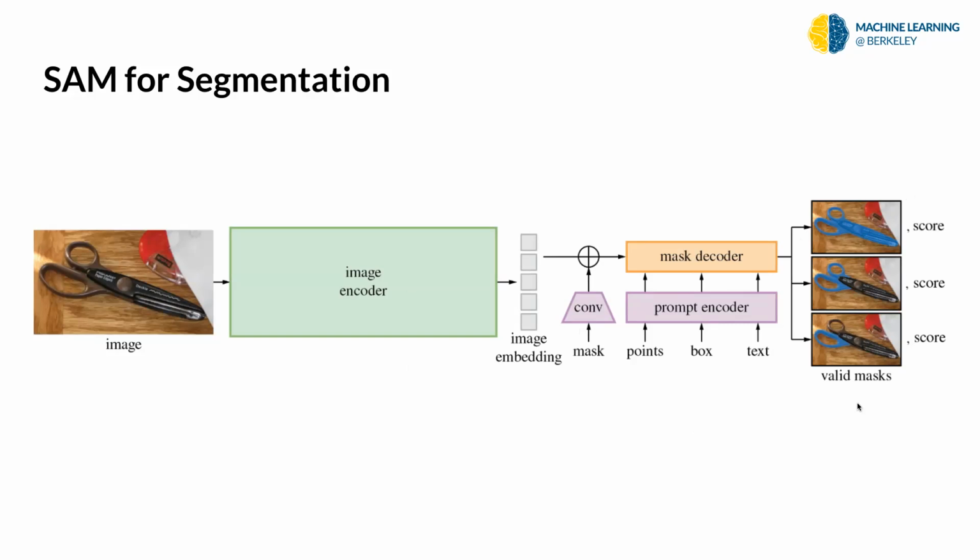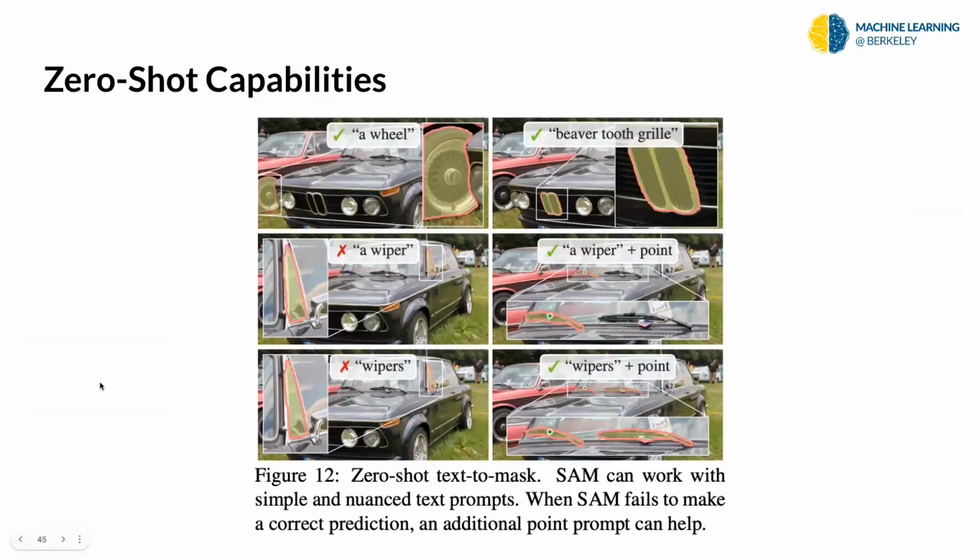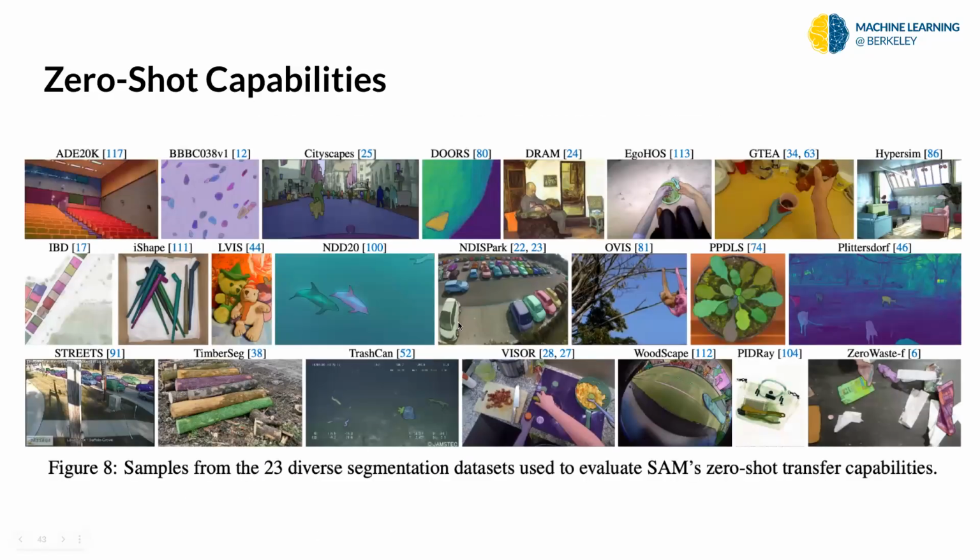Each of these are considered as valid masks to different degrees. Yeah, it's going to be at the end. Yeah, this is a quick overview of what zero-shot capabilities are. We're able to see how SAM was able to really perform well, even given that it hadn't seen objects like this before.